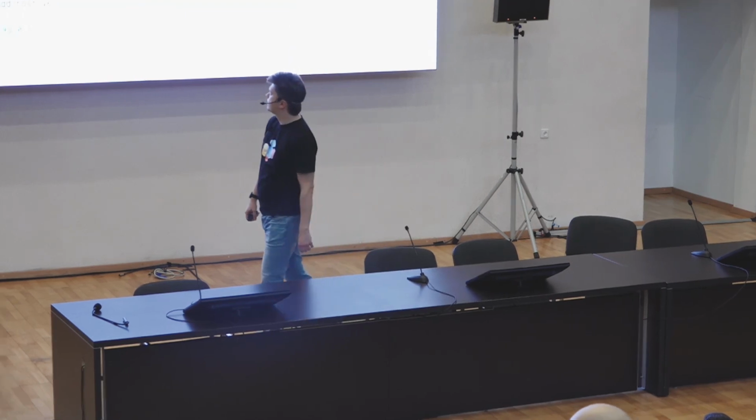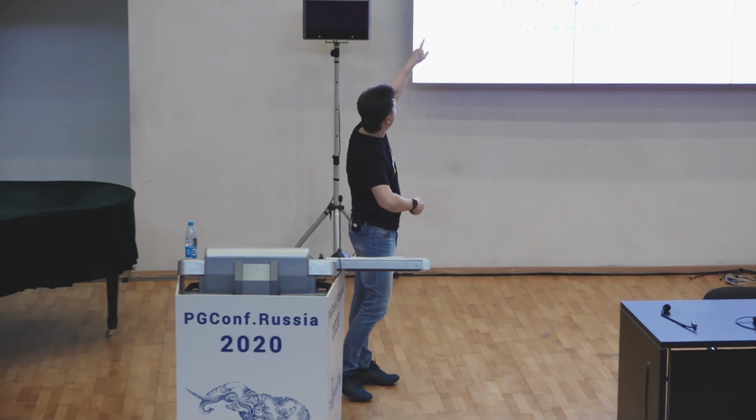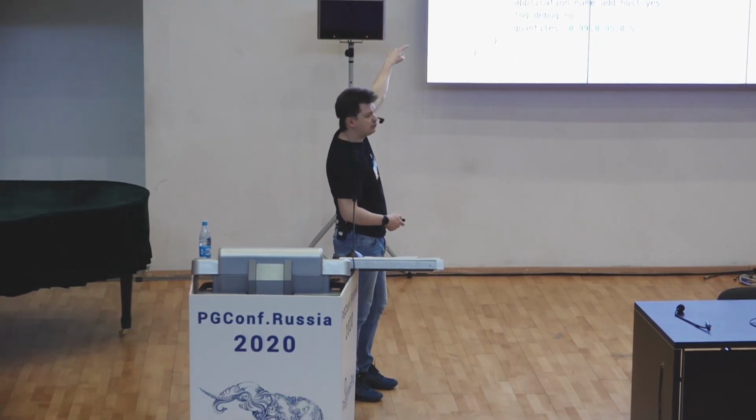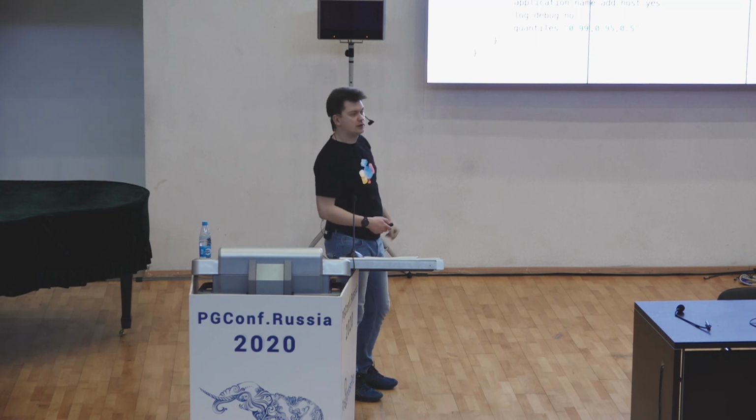So in the end, this is configuration for server or for each client. Pool size can be determined for database, and inside there is user. So for each user, you can determine pool size.